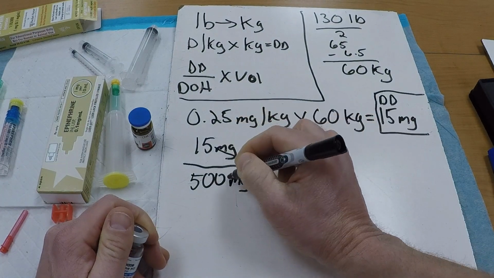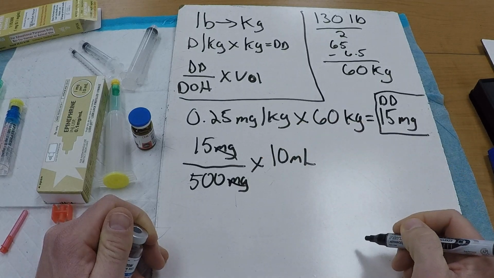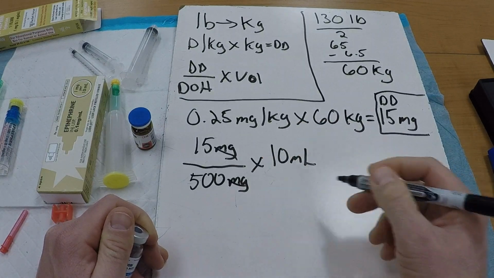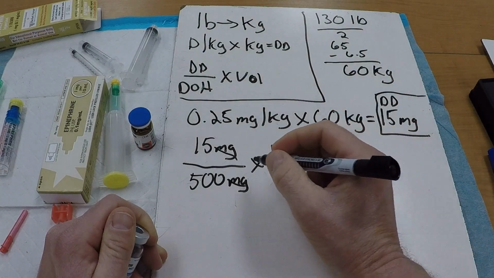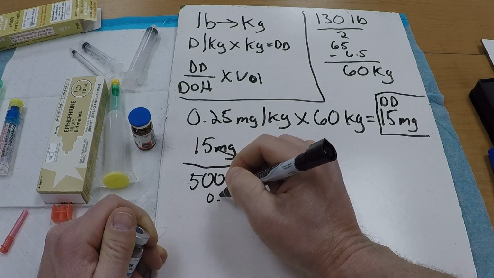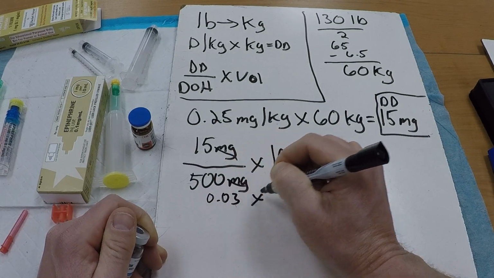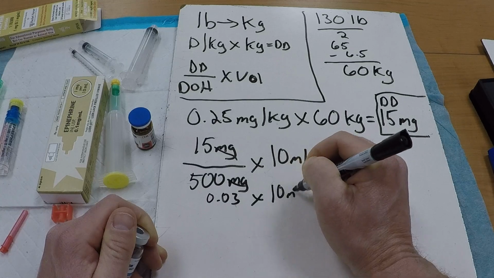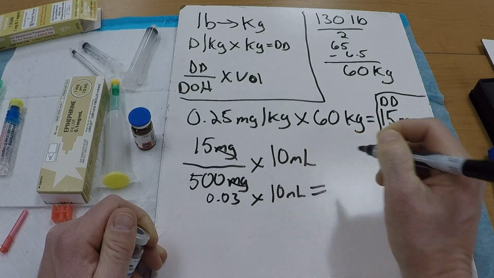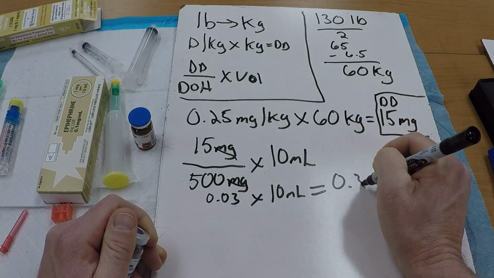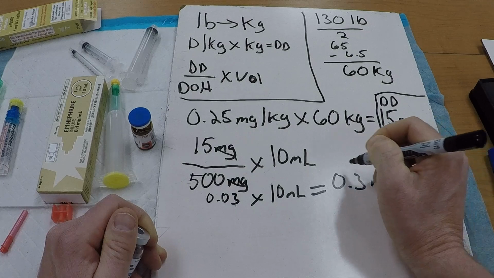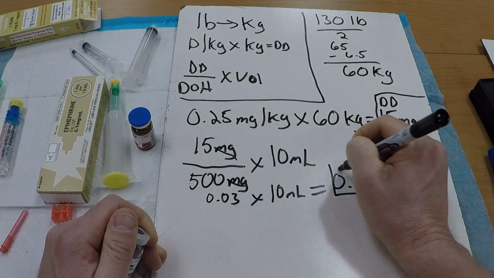So we're going to cross out these, so we're left with milliliters. 15 divided by 500 is 0.03, times 10, equals 0.3 milliliters.